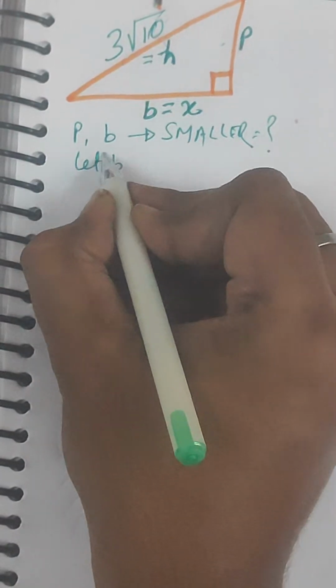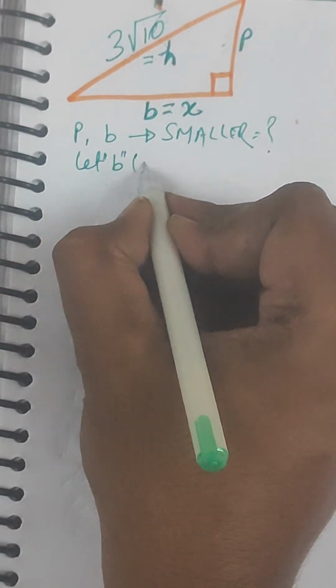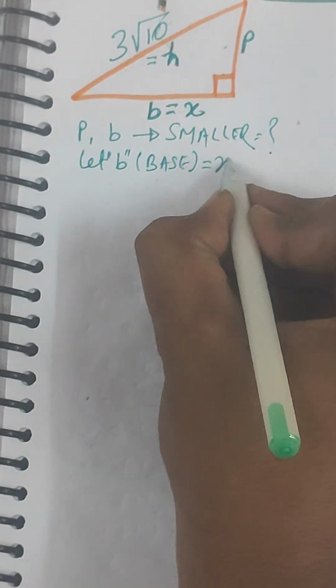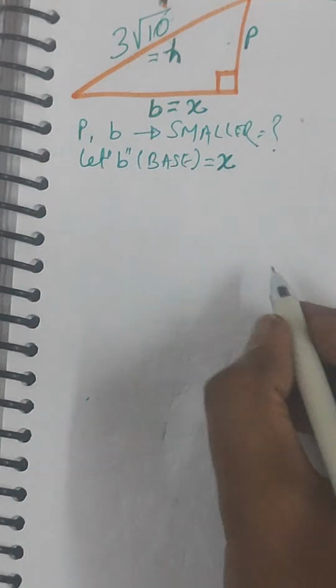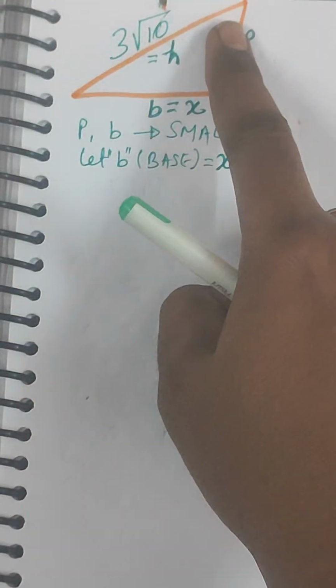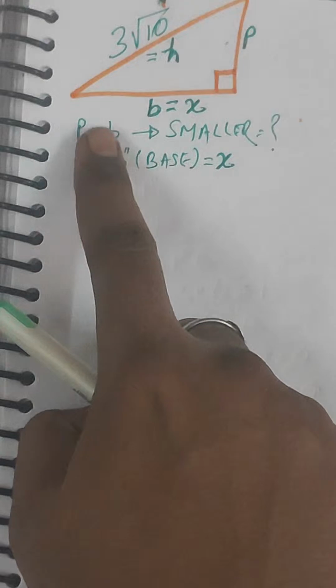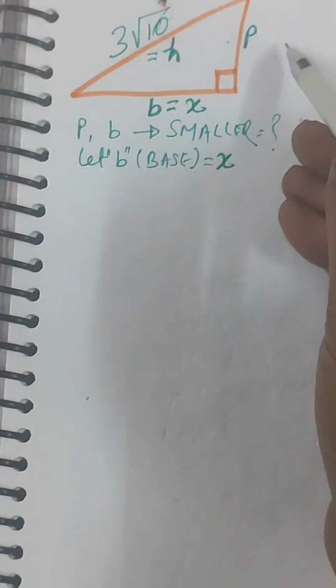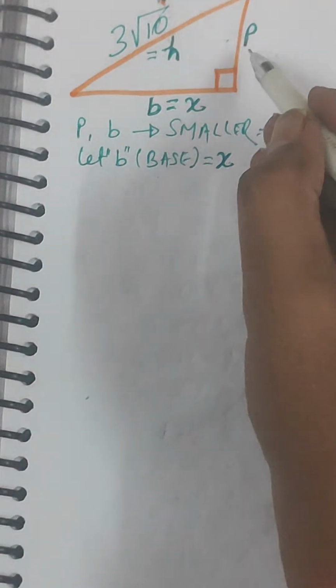Let B, the base, be assumed as equal to x. When you assume it, then as per the question, it's given that the hypotenuse of a right angle triangle is 3 root 10 centimeter, and the smaller leg is tripled and the longer leg is doubled, right? So what is the longer leg?